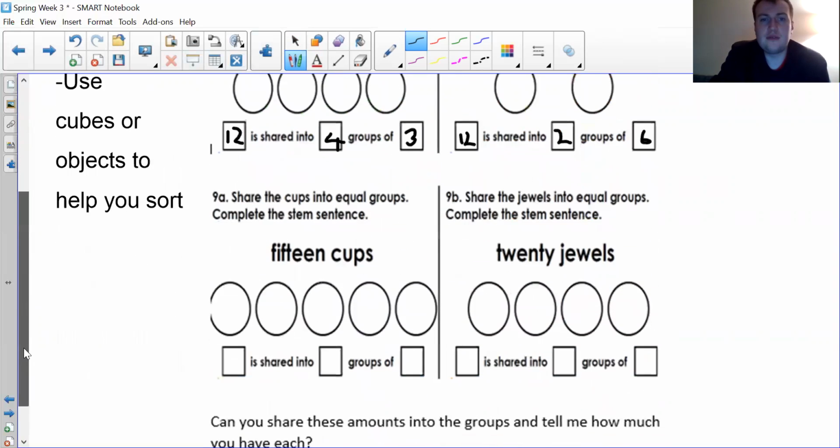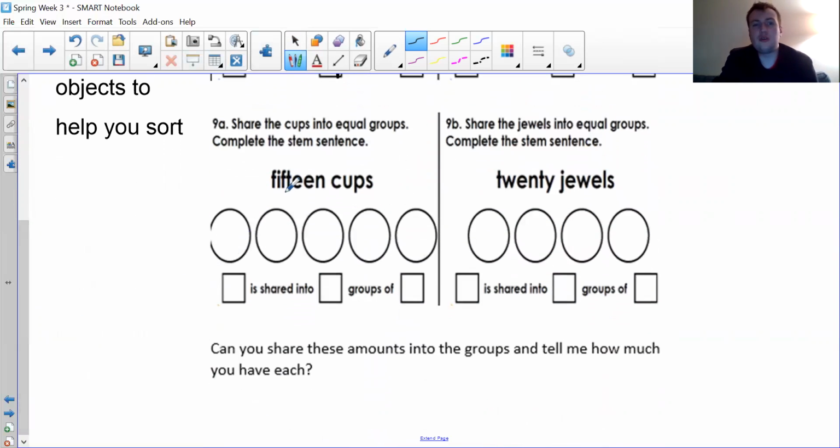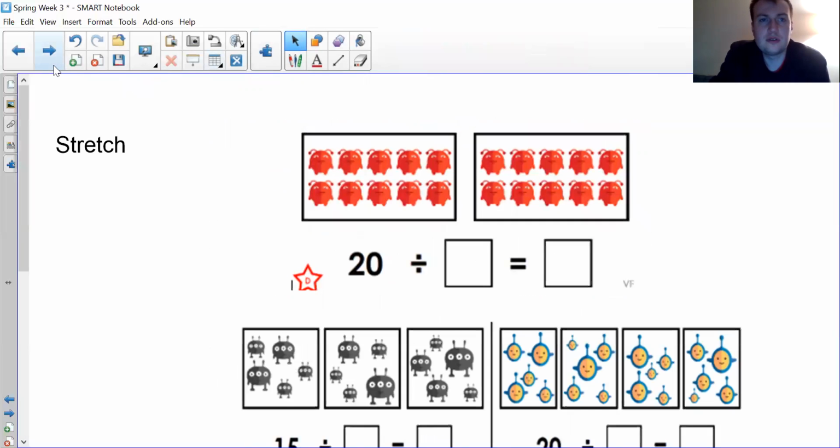And then we're going to go down. And here it's just told us there are 15 cups. We have 5 groups. And when we share out 15, we see that there are 5 groups of 3. And here we have 20 joules shared into 4 groups with 5 in each. So well done if you got those.